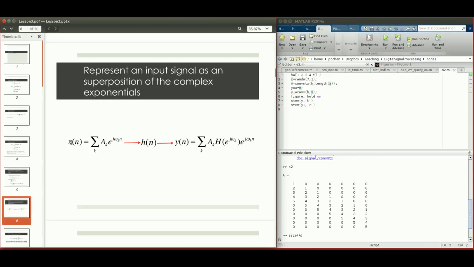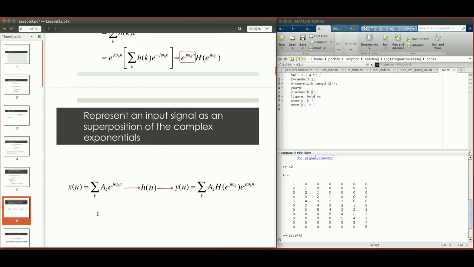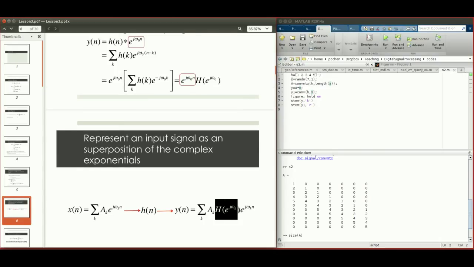Then what's going to be the output for a linear time invariant system that has an impulse response of h[n]? It becomes really simple, because you can just take this expression and stick it into the convolution. What you get is a linear superposition of a_k times e^(j omega_k n) convolved with h[n], and I know that e^(j omega_k n) is an eigenvector.